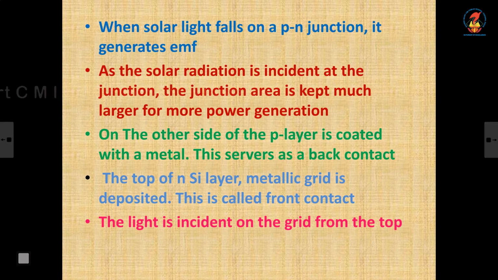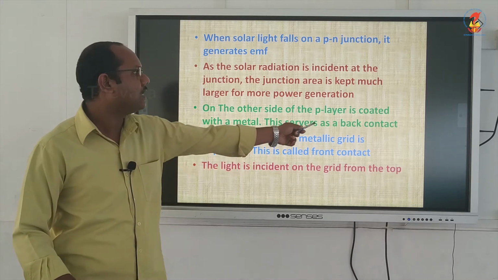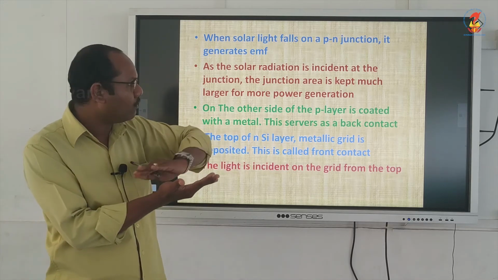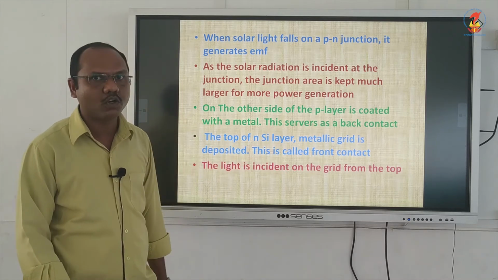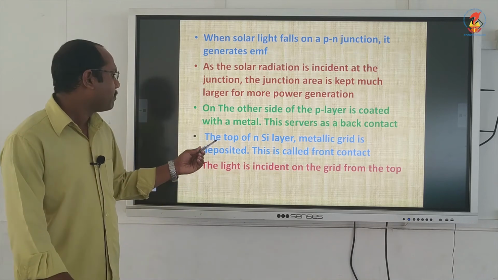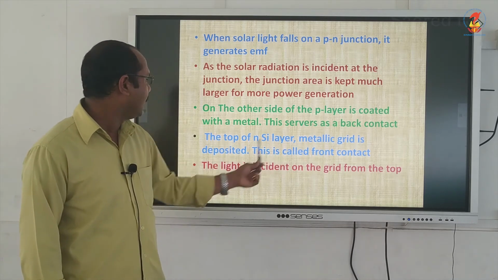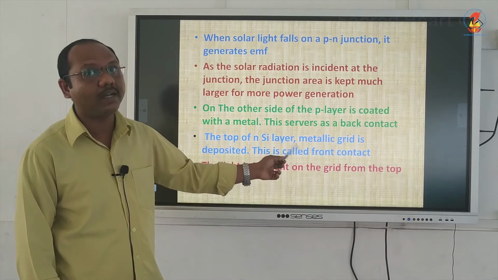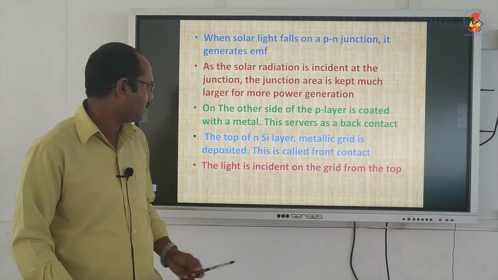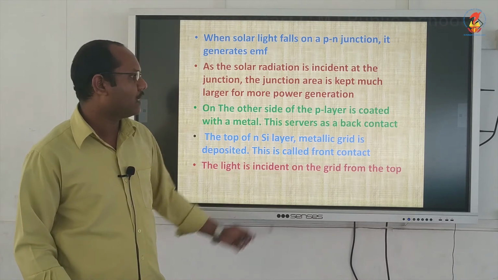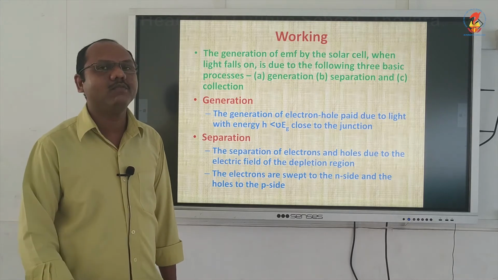So on the top there are finger electrodes, and at the bottom it serves as a back contact. On the top N silicon layer, a metallic grid is deposited. This is called the front contact, that is what I call finger type metallic electrodes. The light is incident on the grid from the top, and when light is incident, what will happen?